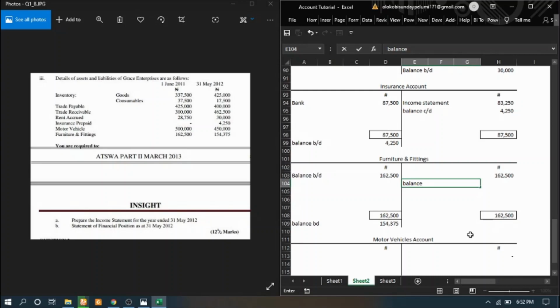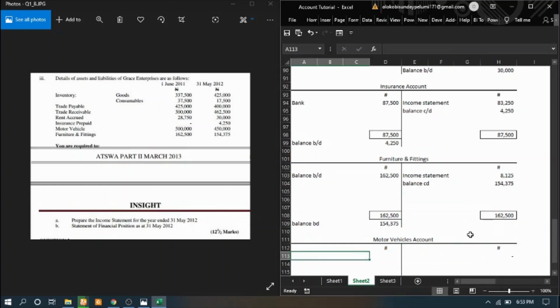First we have brought down there, and it has been carried down. So that is 54,375. The shortfall happens as a result of depreciation. So this is depreciation during the period, and that will go to the income statement as expenses. So I think it's well understood.